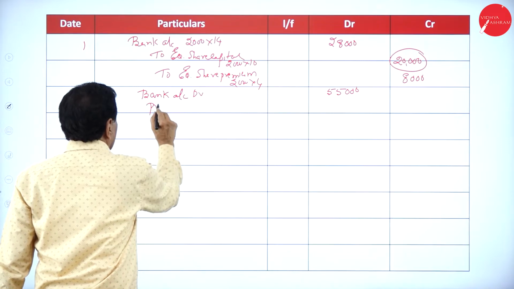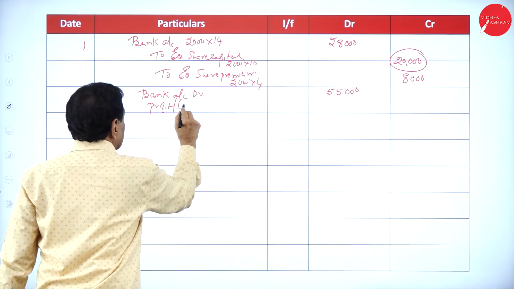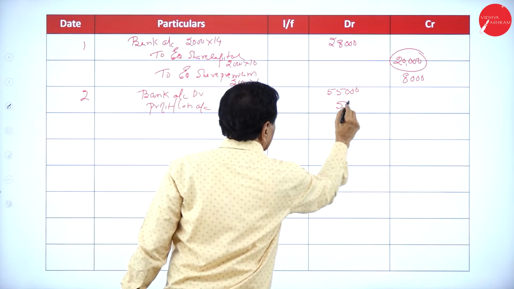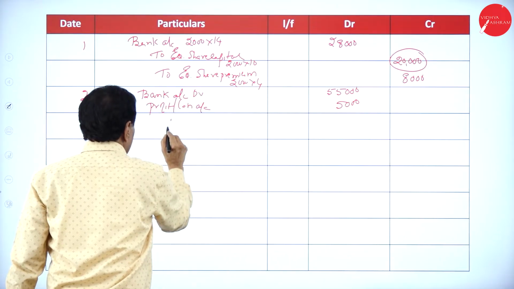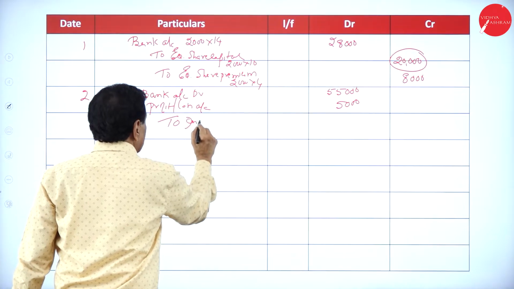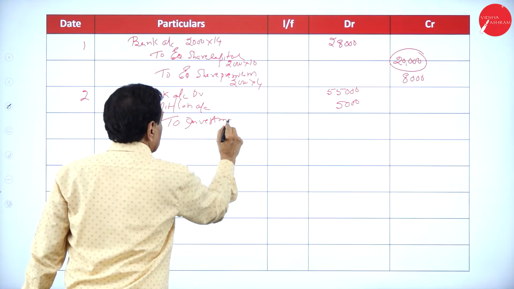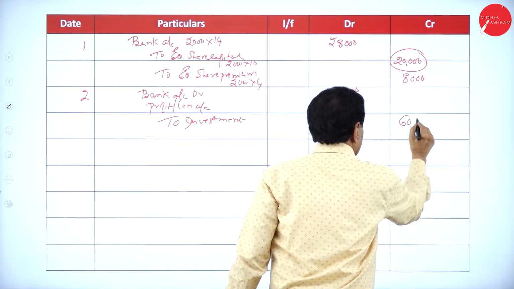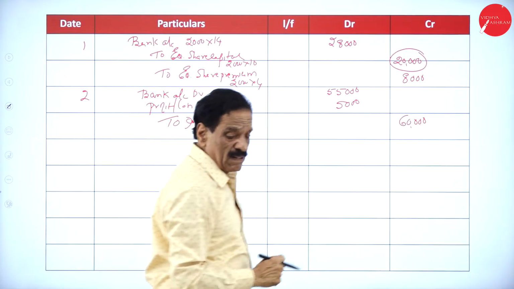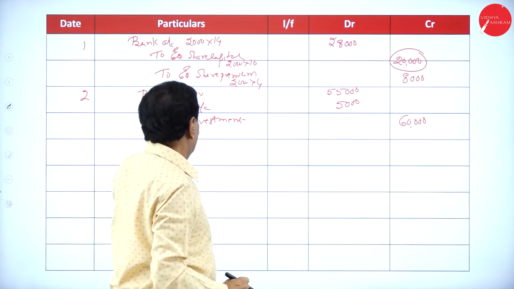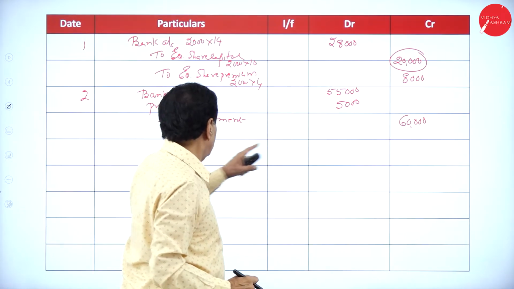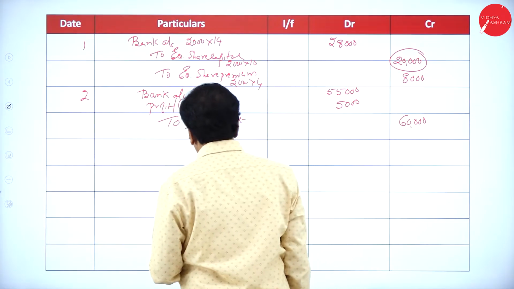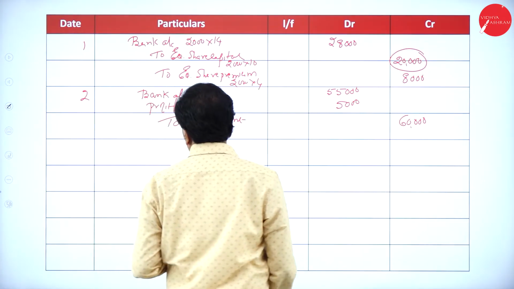Profit and loss account debit 5,000. To investment, it comes to 60,000. Okay, we got 55,000, 5,000, investment 60,000. How much loss did we suffer? 5,000.